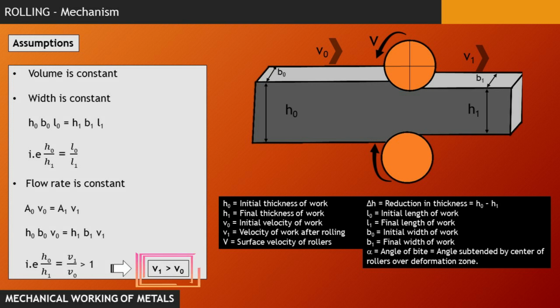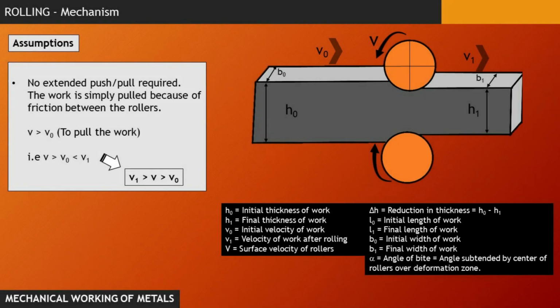The velocity at the exit of the work material is always higher than the velocity at which the work material enters the rolls. The fourth assumption is that no external push or pull is required.